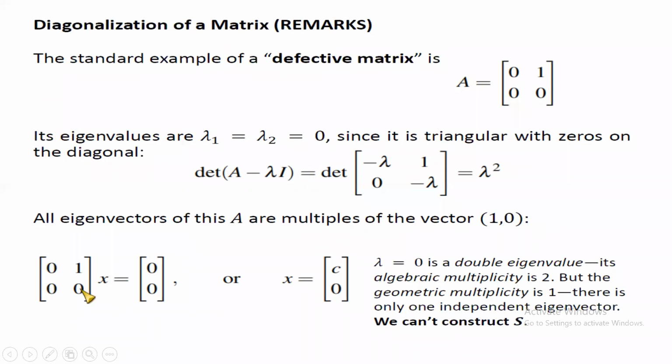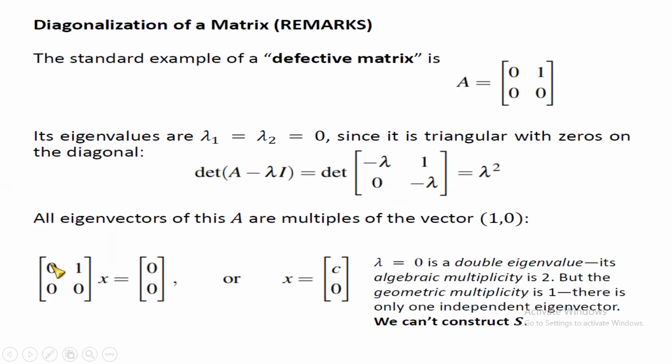So [0, 1; 0, 0] x equal to [0, 0]. This x can be found, and that x is nothing but c times [1, 0]. This is consistent because this is 0, 0, 0, and this is 0, 1, 0.